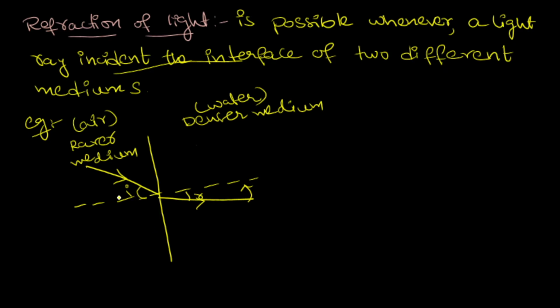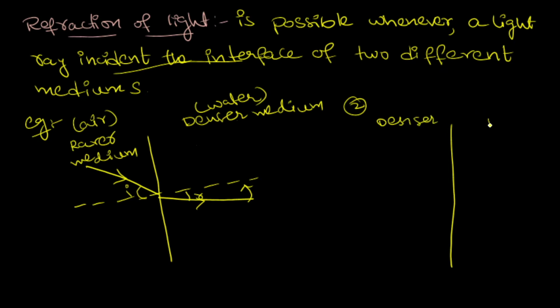You have to remember one thing: whenever a light ray travels from the rarer medium to the denser medium, the light ray after refraction will bend towards the normal. And I will give one more example, taking a plane surface. Here the light ray is traveling from the denser medium to the rarer medium.